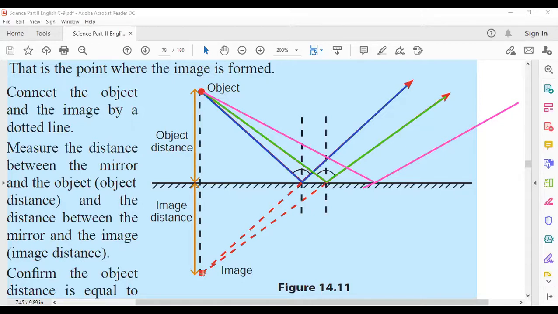You have to draw it with a broken line. It should come and touch this one. Is it happening?